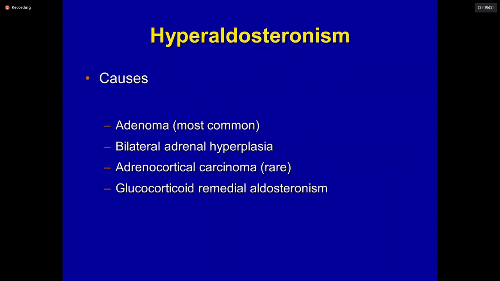Now, the first entity, which is hyperaldosteronism, the most common cause is adenoma, when we have one adrenal adenoma secreting high amounts of aldosterone, and sometimes it's related to bilateral adrenal hyperplasia, rarely related to carcinoma.